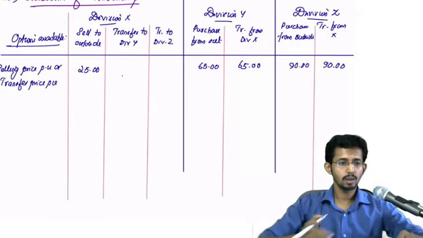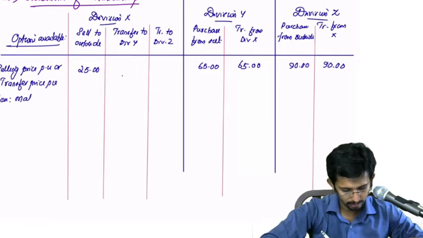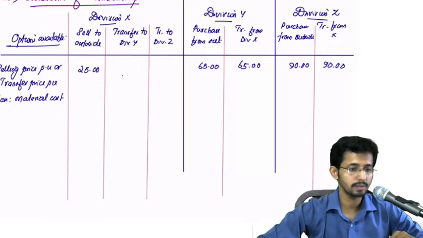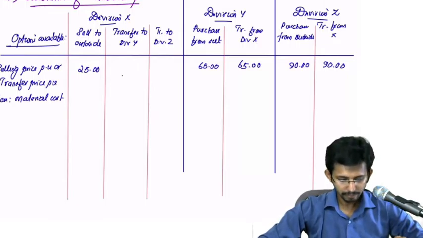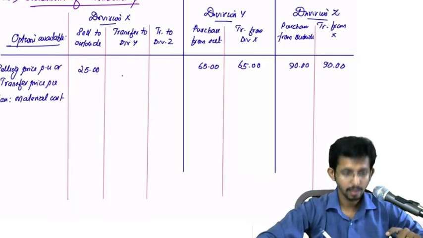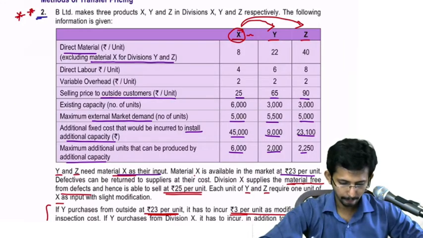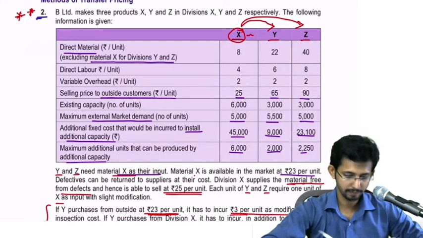Now less material cost. What is the material cost here? 8, 22, 40.